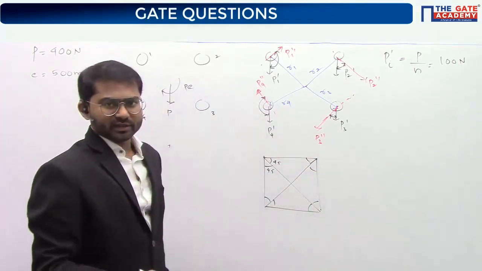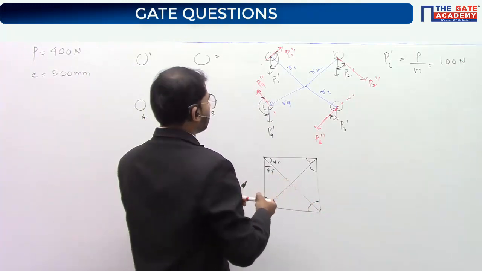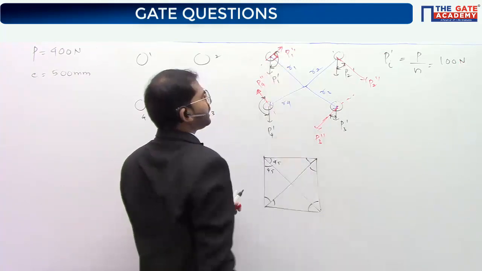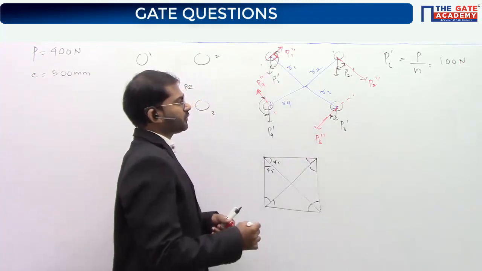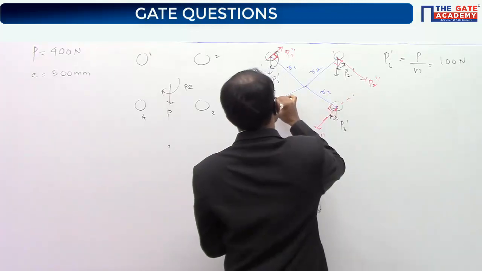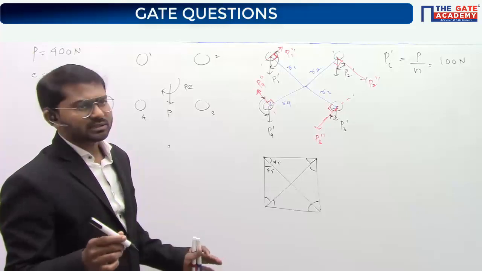Now, you guys know that this particular angle is 90 degrees, so secondary load will always be perpendicular to R1, R2, R3, R4 respectively. So this is 90, this is 90, this is 90, and this is 90. Now if that is the case, you can understand the angles very easily.